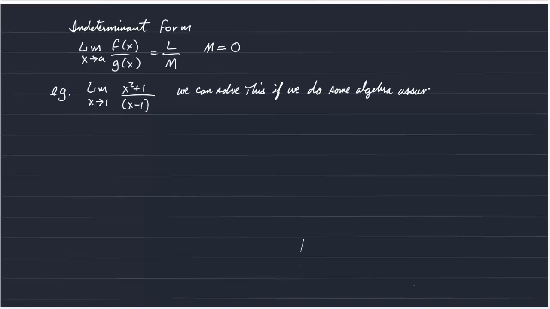So we're going to assume that x is close to but not equal to 1. Okay, right?